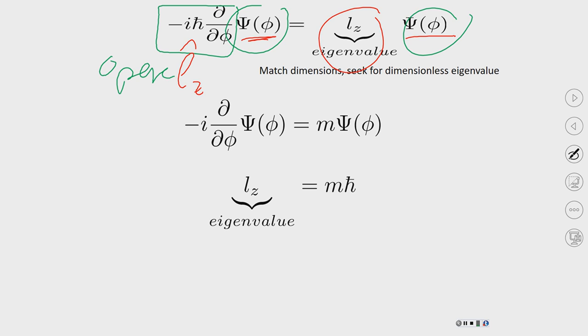And what did we do in the next line? We divide both the left and right parts by h bar. LZ divided by h bar, and we just call LZ divided by h bar equals a new variable n.